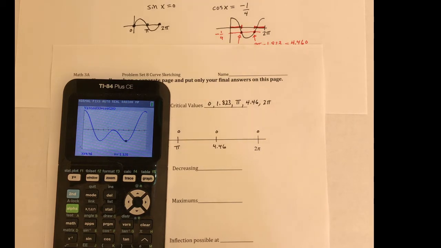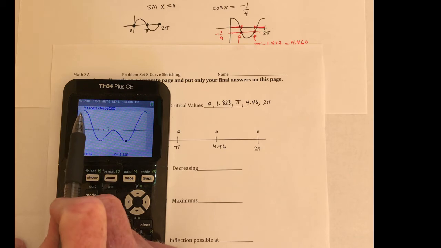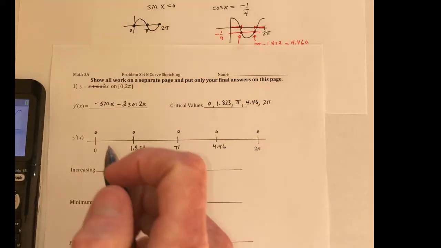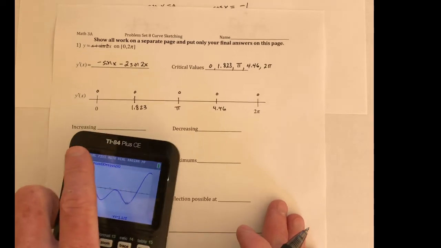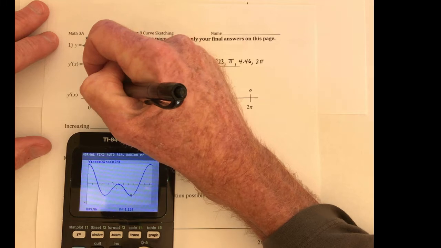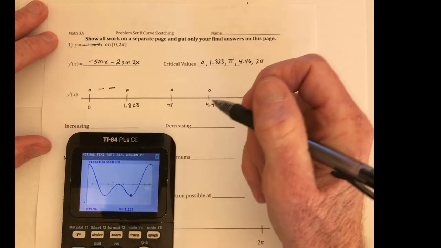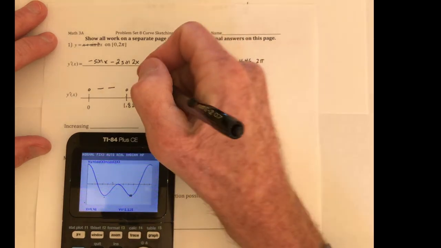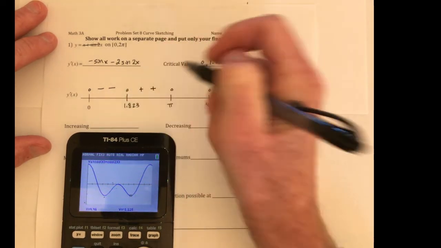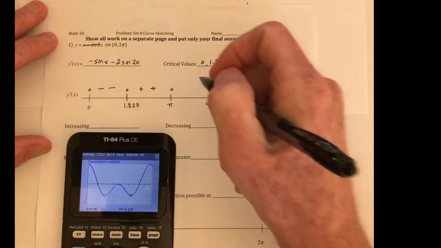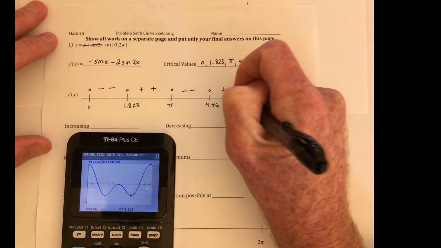Yes, that's correct. So from the top to the bottom, the derivative is negative. So this is negative in here. And then from here to here, that's this part, so it's going up. So the derivative would be positive, it's going up. And then it goes down, and then back up.